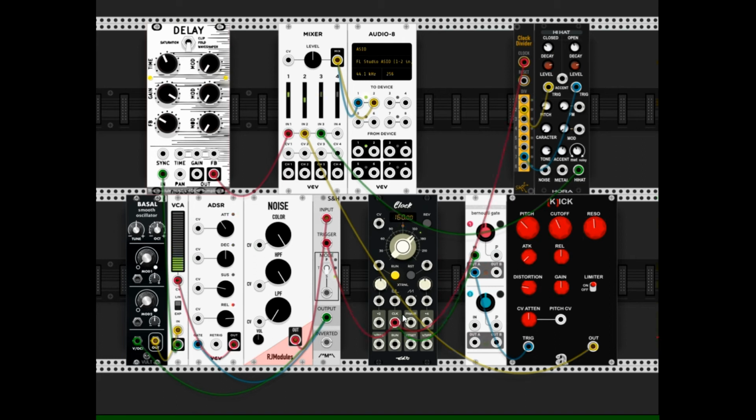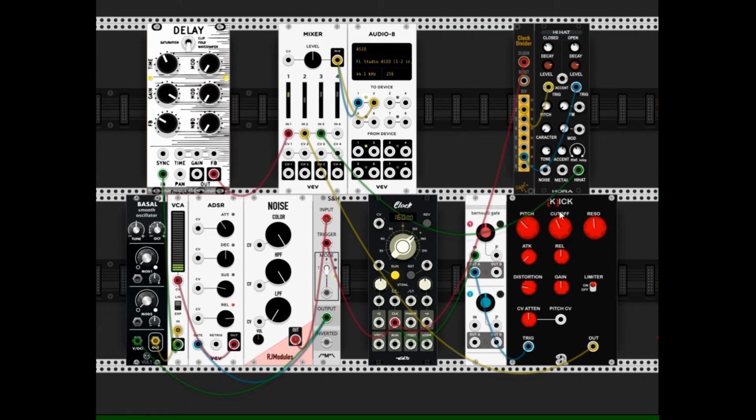What is the same compared to the last example is that this one clock unit triggers all 3 sound generating units: both hi-hats, the kick and Basel. The sound side is the same: sample and hold, and delay.